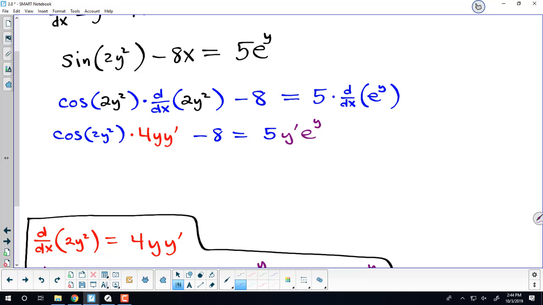Okay, we've got to solve for y prime. It really doesn't matter what side you put it on, but both of these terms, with the cosine and with the e to the y, need to be on one side together.